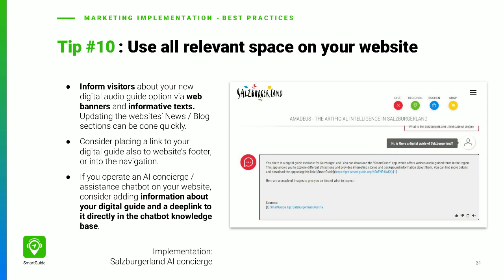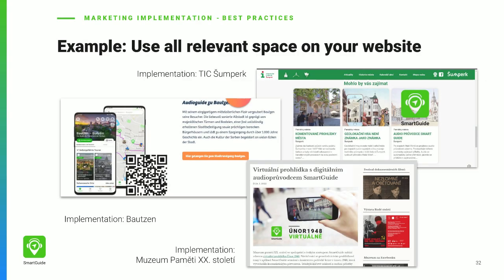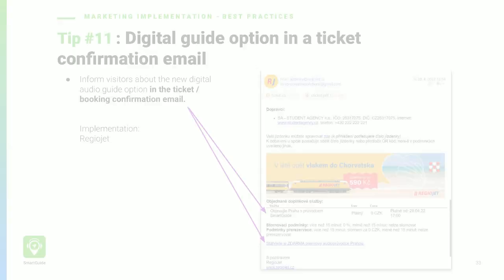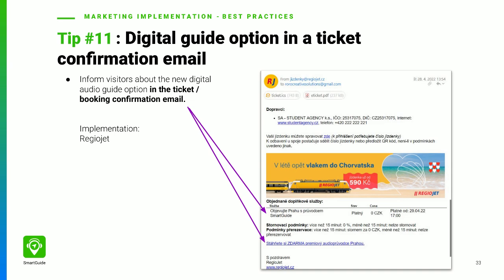If you operate an AI concierge or assistance chatbot on your website, consider adding information about your digital guide and a deep link to it directly in the chatbot knowledge base. See how our partners included SmartGuide to their websites. Last but not least, if you sell any tickets online, you can add the guide as a complimentary service and distribute a link to the digital guide in a confirmation email.